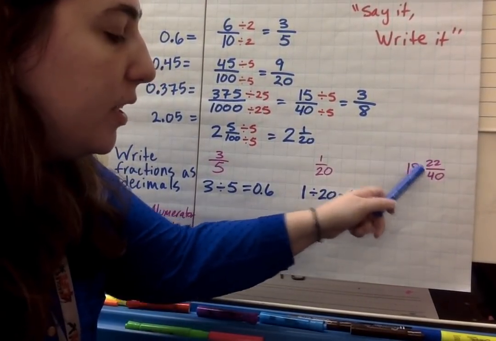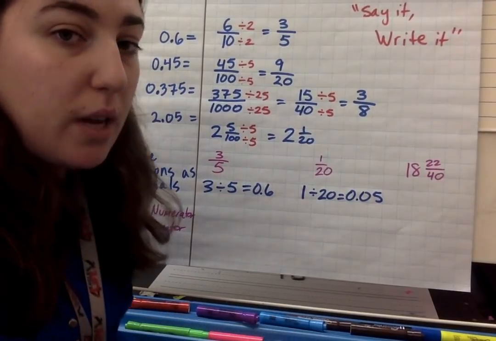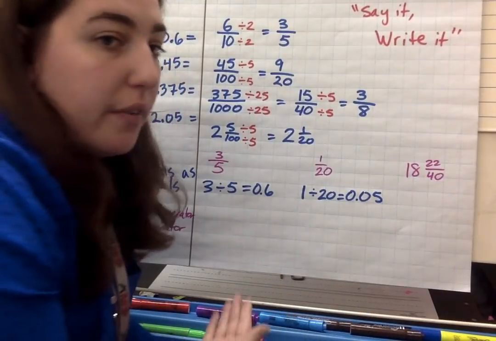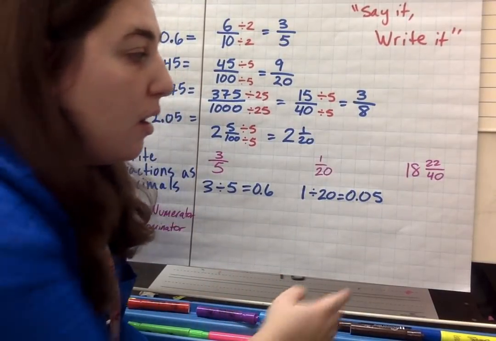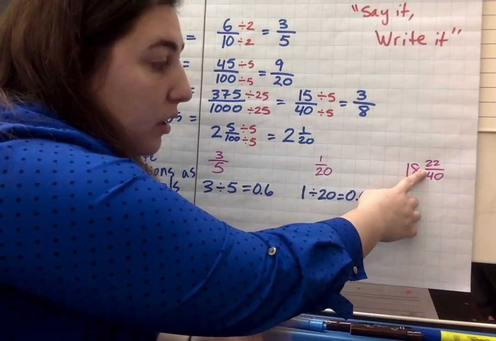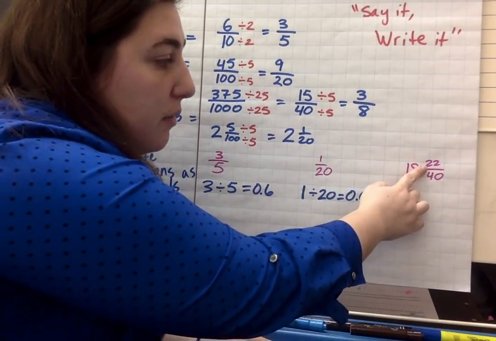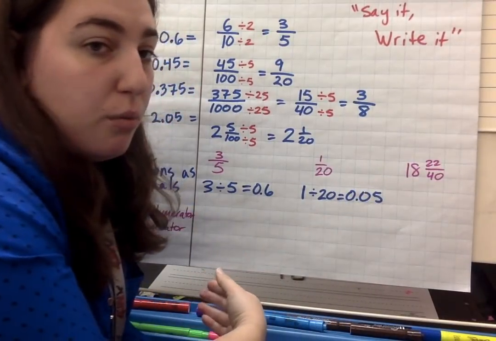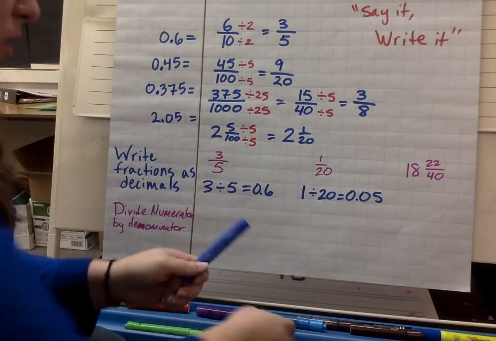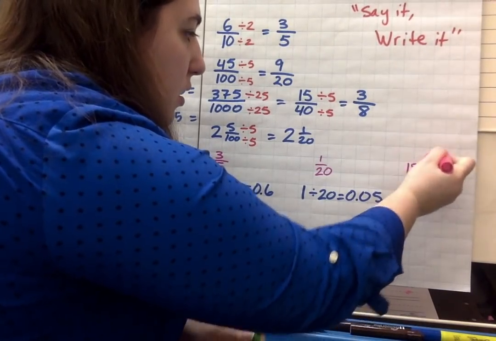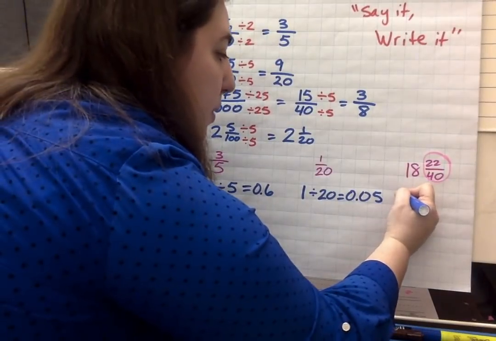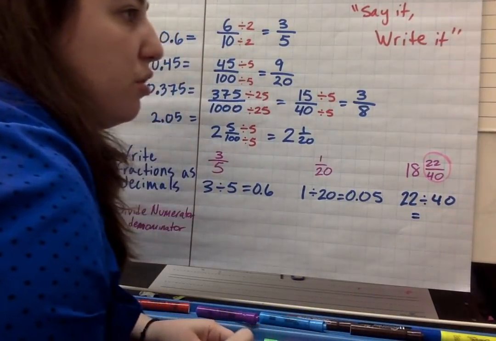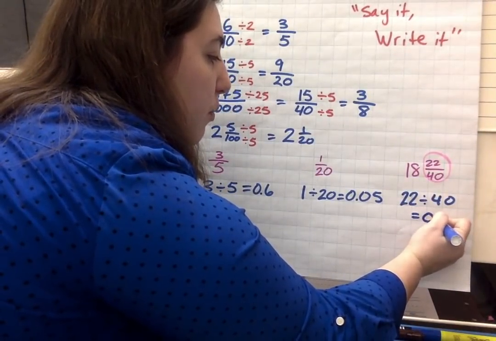Last one is 18 and 22/40. For this one, it's our mixed number. We already know that 18 is going to be part of our decimal because that's our whole number. What we need to convert to get the right side of the decimal is this 22/40. So for this 22/40, I'm going to divide the numerator by the denominator. I'm going to put that into my calculator, 22 divided by 40, and you should get 0.55.